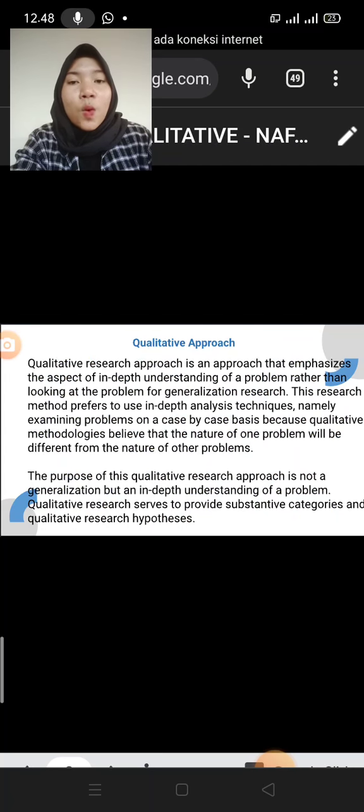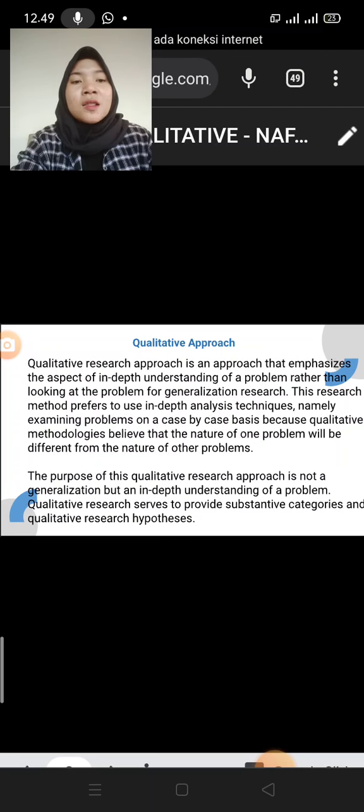Next, qualitative approach. The qualitative research approach is an approach that emphasizes in-depth understanding of a problem rather than looking at the breadth of the problem for generalization. This research method prefers to use in-depth analysis techniques, namely examining problems on a case-by-case basis, because qualitative methodologies believe that the nature of one problem will be different from the nature of other problems.